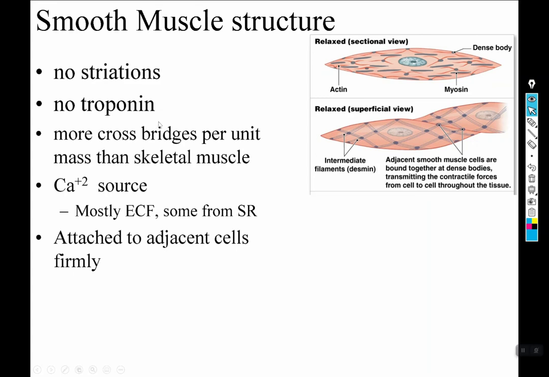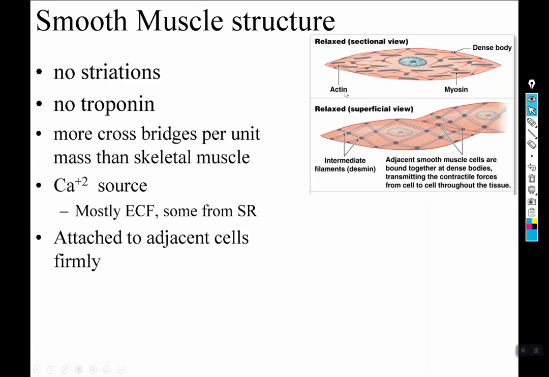So calmodulin complexed with calcium is doing that job. So between calmodulin, the calcium source, and the lack of a repeating sarcomeric arrangement, as well as the fact that we've got so many more myosin heads, we can just form more cross bridges per unit of mass than skeletal muscle.